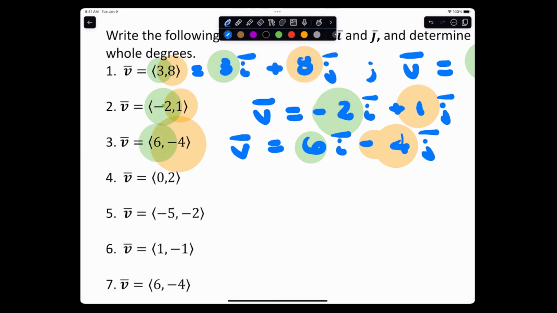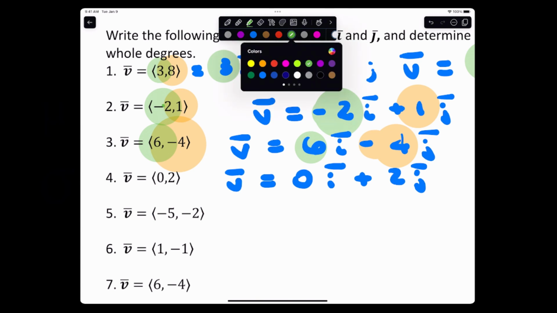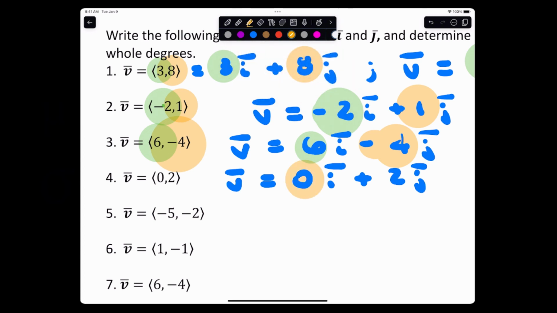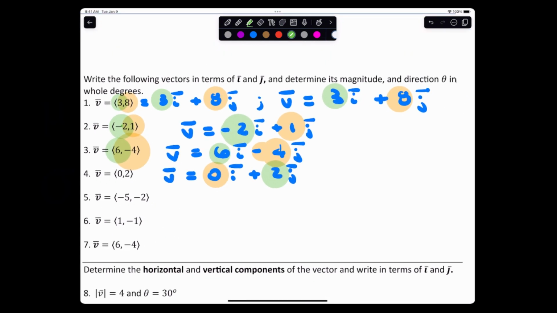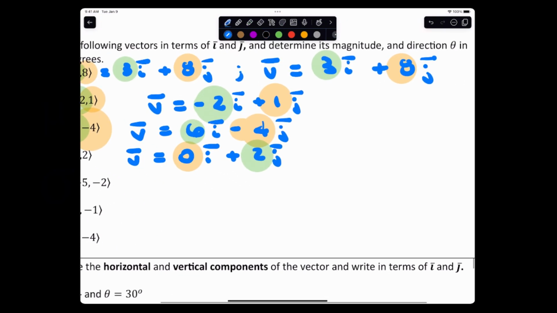So what about number 4? How is that going to be? You say, is that 0i plus 2j? And, well, we're going to write it just as, this is why we actually care about this kind of notation. Let me share this with you guys. 0 times i is going to be really what? 0, is that right? So this is sometimes just written as just 2j.